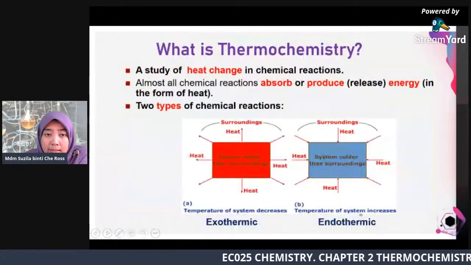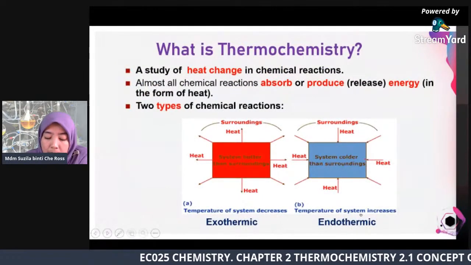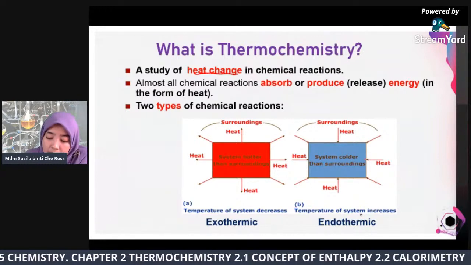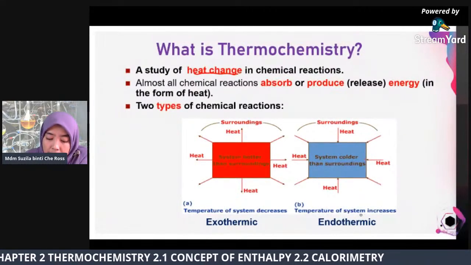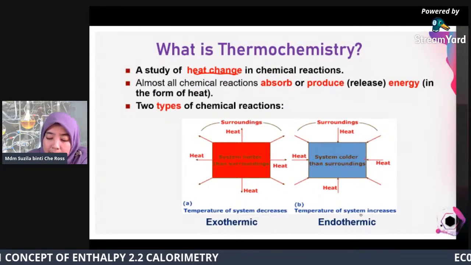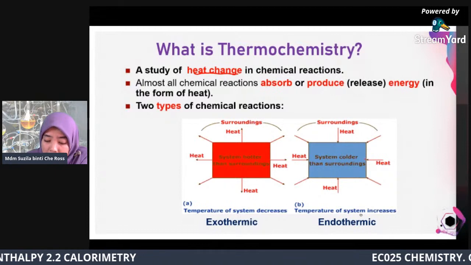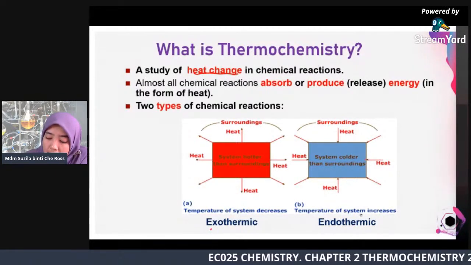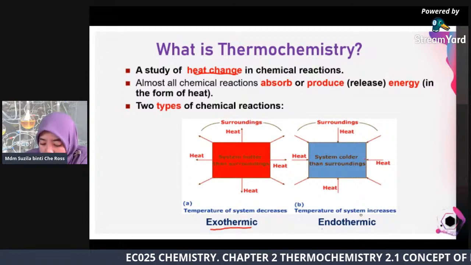Next, what is thermochemistry? So thermochemistry is the study of heat change in chemical reaction. So most chemical reactions involve absorb or release energy. Okay, there are two types of chemical reaction, which is exothermic and endothermic.